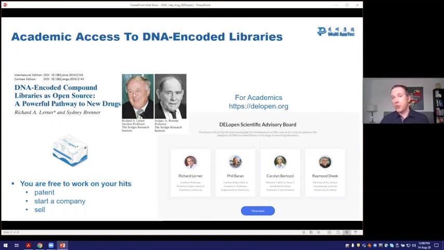So we send you the kit, you do the screen in your lab, you send the samples back to us, we do all the other work, and we provide the hits to you. It's basically free. If there are any active hits that come out of the screen that you like, then you completely own those hits. And so at that point in time, you are free to get a patent, you are free to sell those hits, you are free to publish a paper with those hits. There are no strings attached.